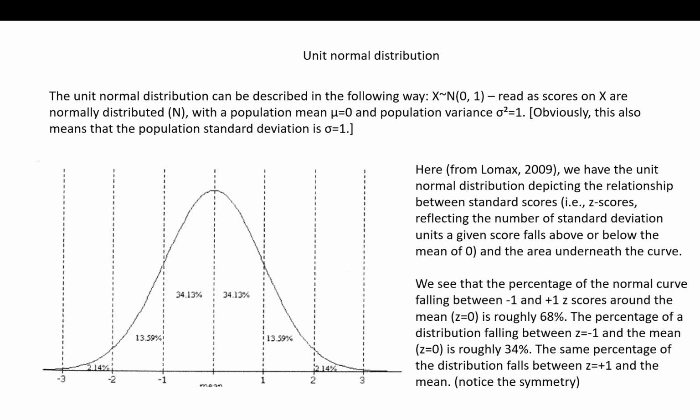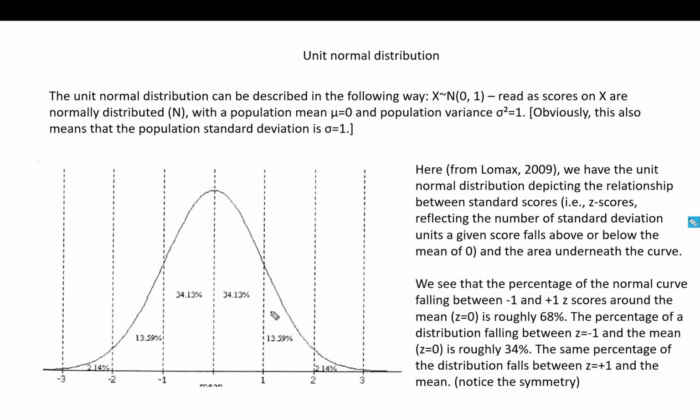We see that the percentage of the normal curve falling between -1 and +1 standard score units, or z-scores, around the mean is roughly 68%. The percentage of a distribution falling between z at -1 and the mean is roughly 34%. The same percentage falls between the mean and z equals +1.